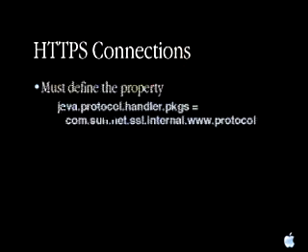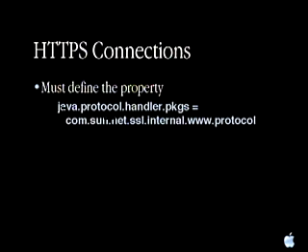Now, what you do next depends on what you're going to try to accomplish with JSSE. For an HTTPS connection, first thing you have to do is define this property, java.protocol.handler.pkgs.